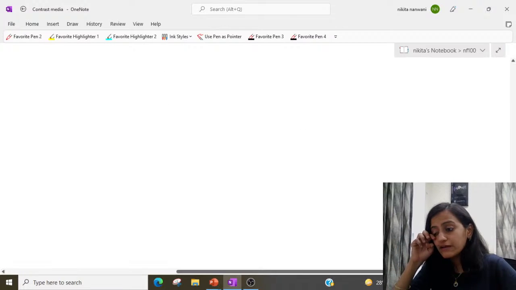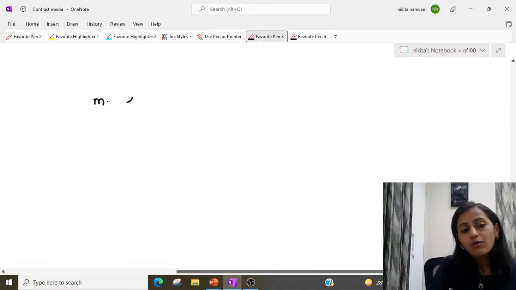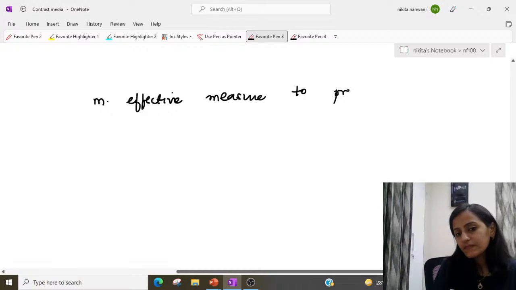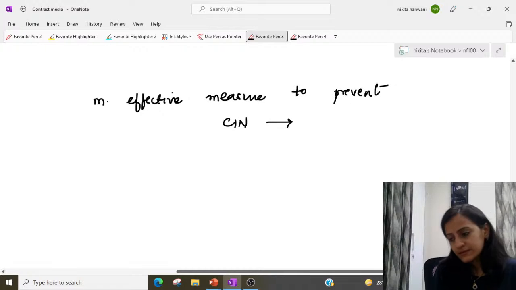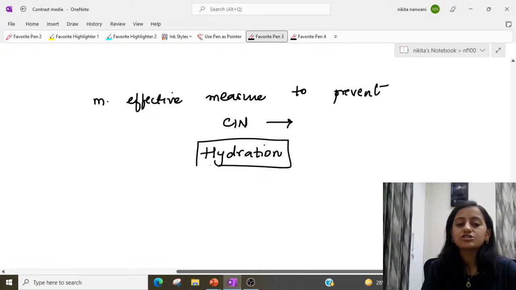How can we prevent this contrast-induced nephropathy? What is the most effective measure? Most important is hydration.